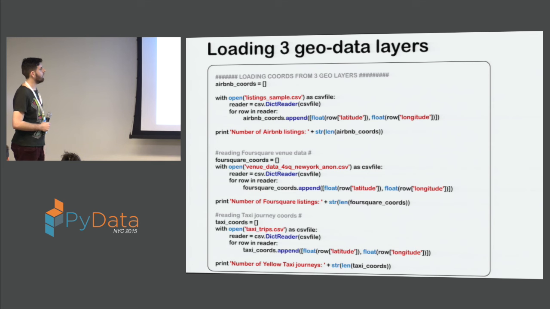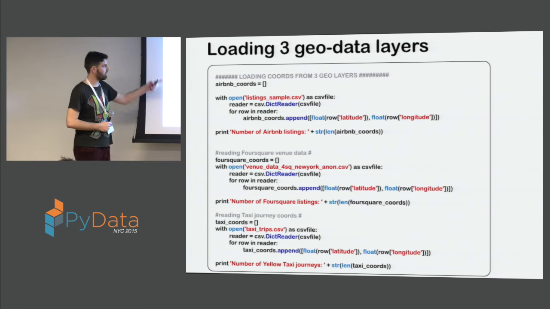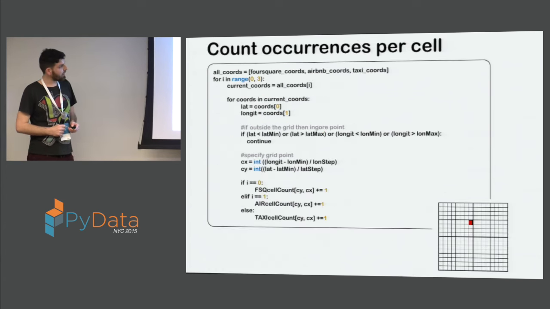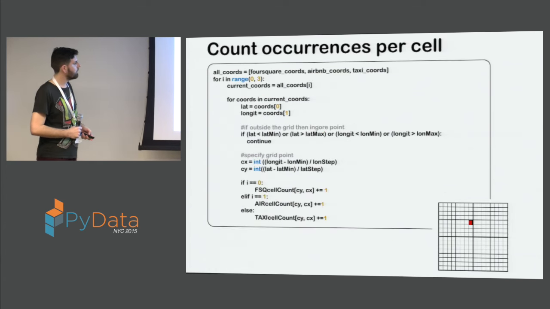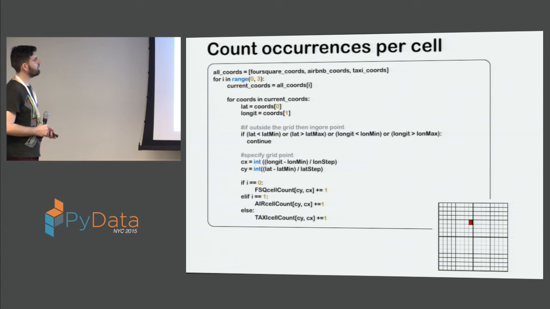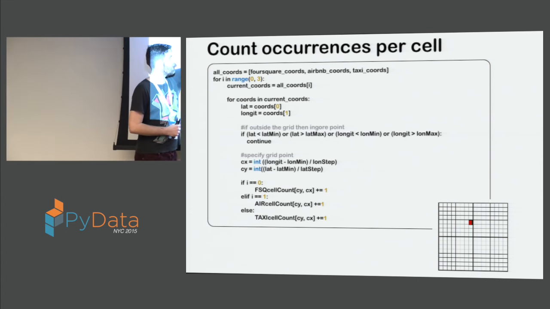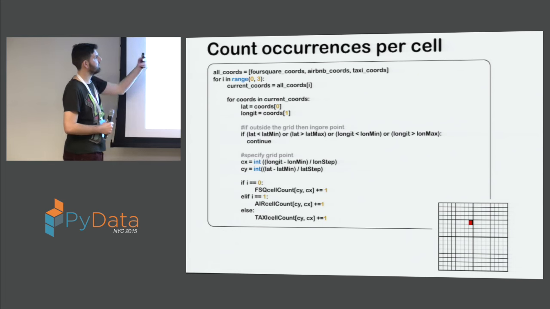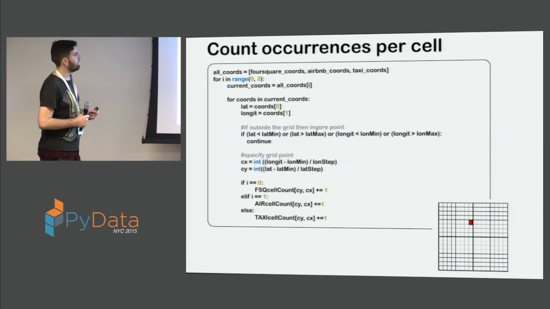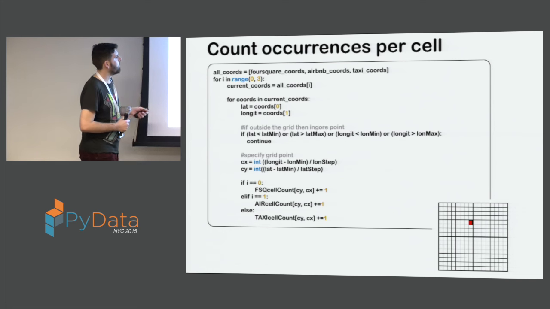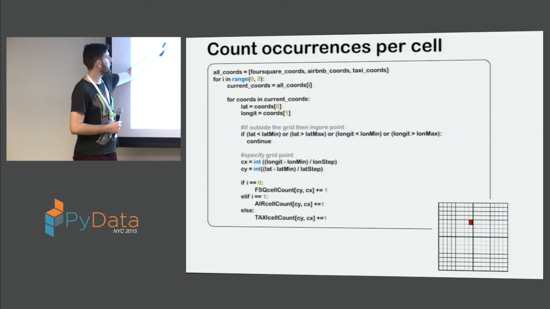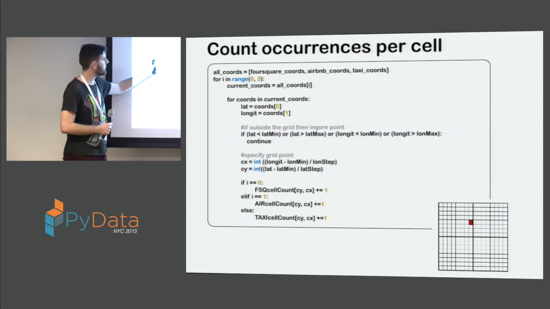Here is the code that, if you run it, you will get how many of each we have in the data. And this is how it looks, basically. What we do here is iterate over the three different layers of data. We have the geographic coordinates of each layer. We take the latitude and longitude for each pair of coordinates.